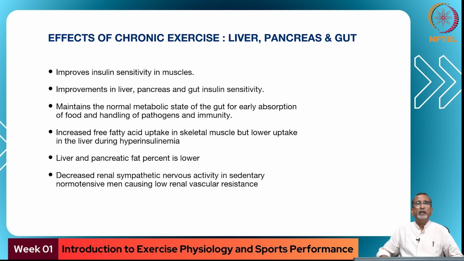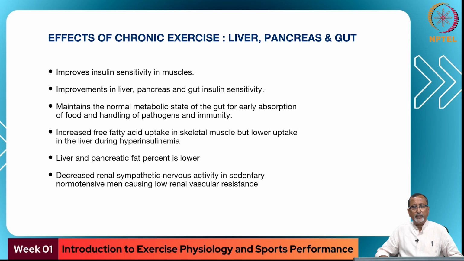In liver, pancreas and gut, insulin sensitivity also improves. It maintains the normal metabolic state of the gut for early absorption of food and handling of pathogens and immunity. That is also the chronic exercise response of these organs.